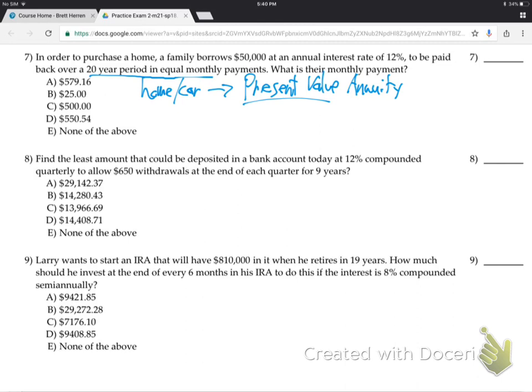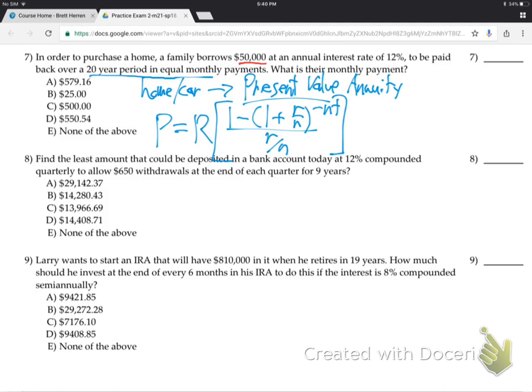So let's see. Family, so that means I'm going to use the present value formula. That's P equals R, 1 minus 1 plus R over N to the minus NT, over R over N. Like that. Okay, and so in order to purchase a home, the family borrows $50,000.